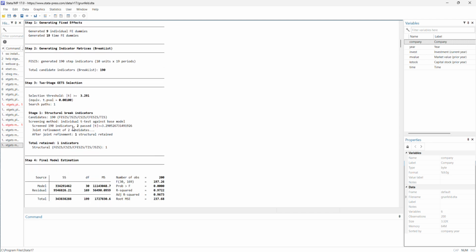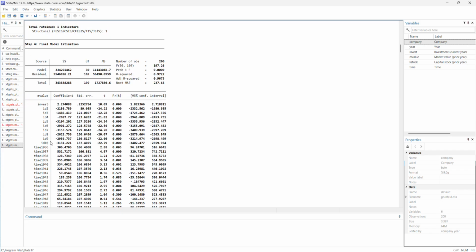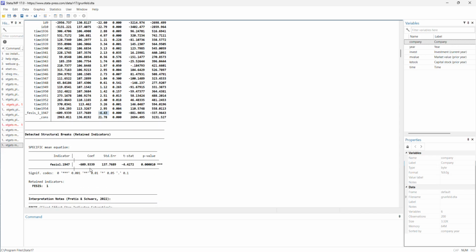So it used this threshold and estimated the model with all the intercepts and slopes, and only kept the intercept which had a higher t-value. So this says FESIS for country 1 and year 1947 had a very high t-value, so it was kept in the model. Others are not retained.